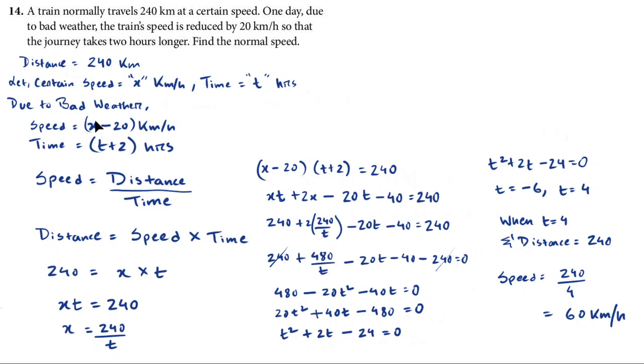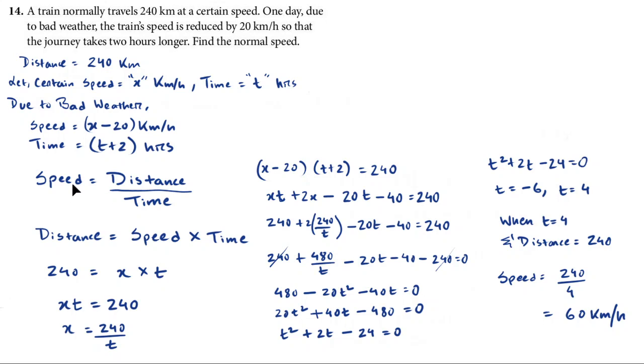That means whatever the certain speed is, we need to take away 20 from that, and the time takes 2 hours longer. That means the time, whatever time it takes on a usual day, there is an addition of 2 hours to that because of the bad weather.